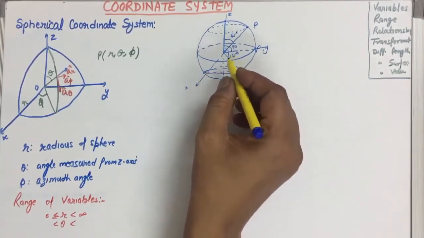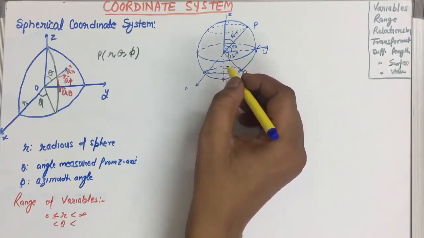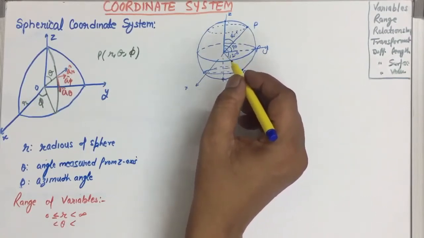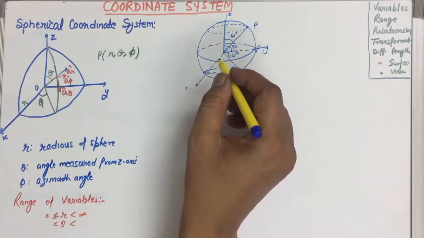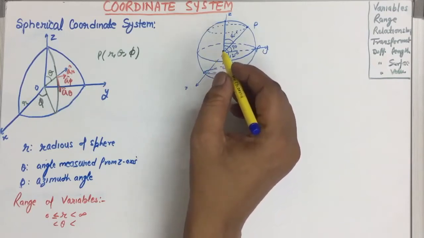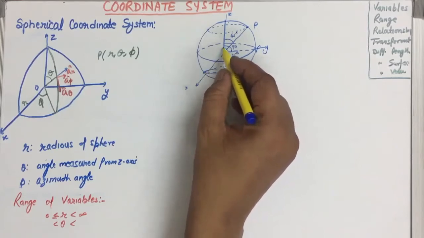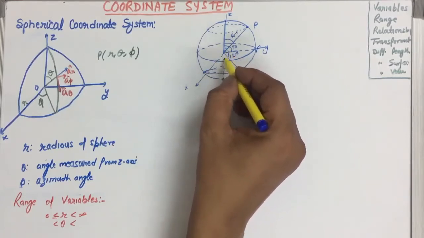That is how much? 180 plus 45, that will be 225. So suppose you are here, the angle is 225.